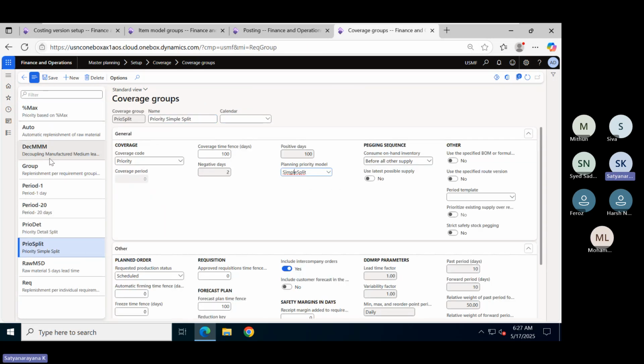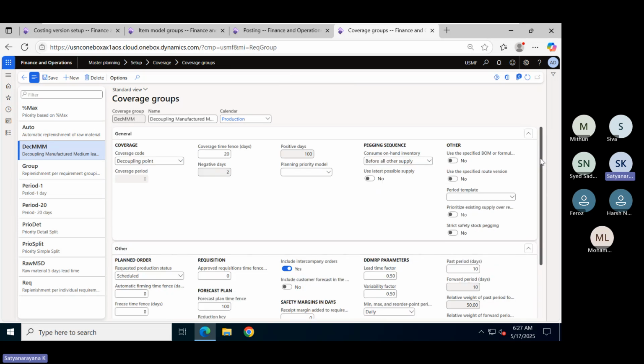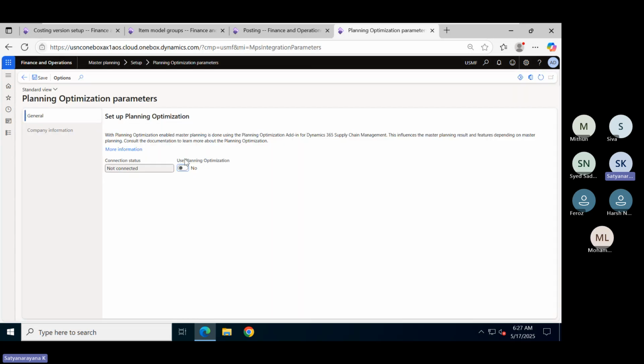And if you get into decoupling point, decoupling point related functionality is introduced by Microsoft. So I can teach you, but I may not show in the system. The reason is that in the planning optimization parameters, it was not enabled.